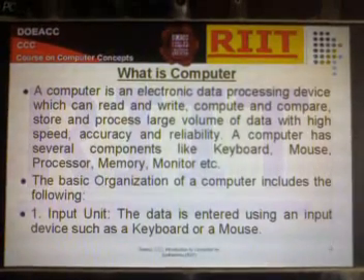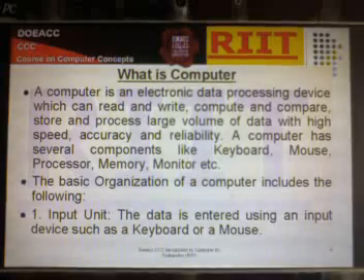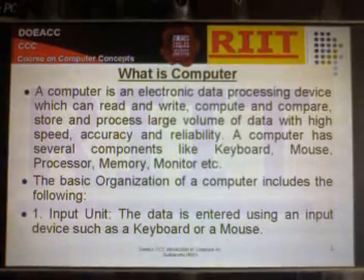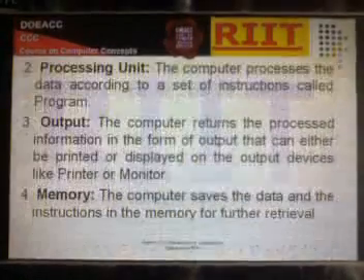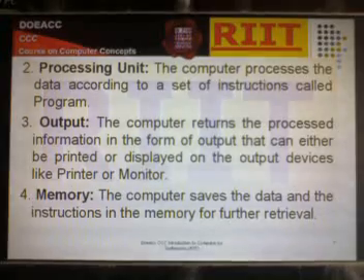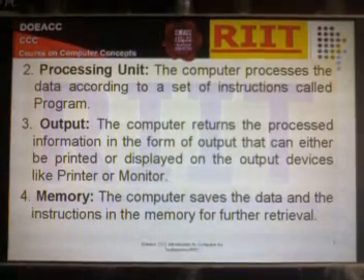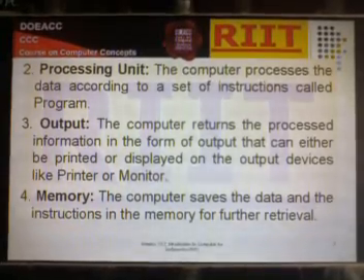Input unit: the data is entered using an input device such as keyboard or a mouse. Processing unit: the computer processes the data according to a set of instructions called a program.